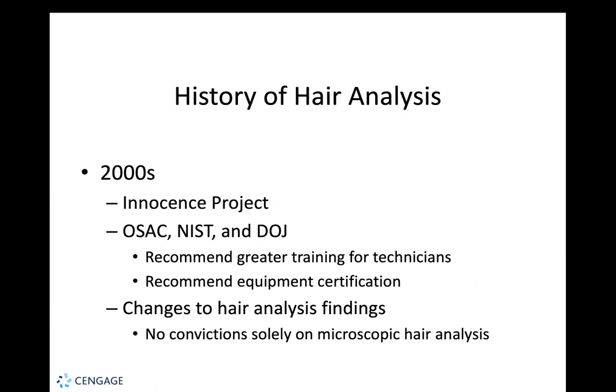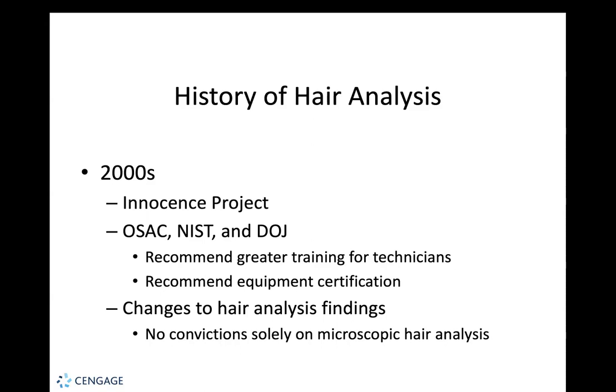allows for changes to hair analysis findings: no conviction solely on microscopic hair analysis, meaning you really shouldn't convict somebody if you're just matching hair up based on how it looks underneath the microscope. And really getting to that DNA analysis to see, is this a person that could have participated in a particular crime?